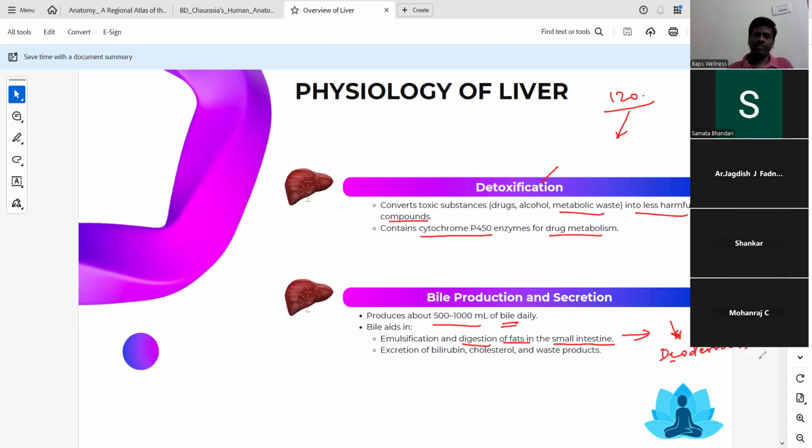This is the first part of the small intestine. And then excretion of bilirubin, cholesterol, and other waste products. So that is bile production and secretion.